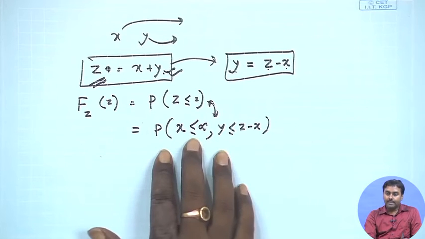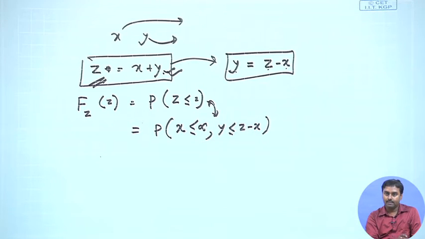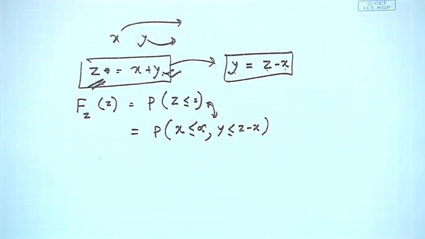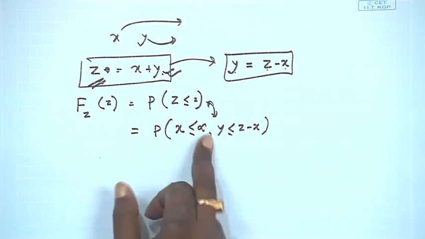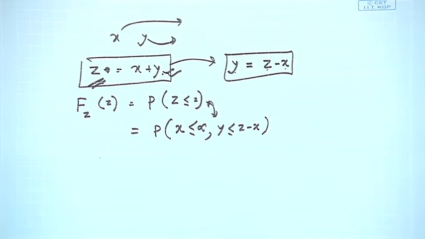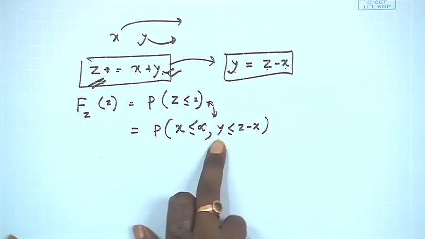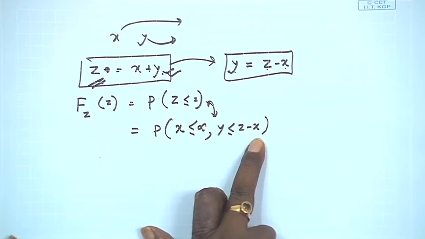Now, because I know the individual distributions, that is something I know. Let us say this particular event is that I take any event from x, x can take any value, but I need to ensure that x plus y must still be less than z, that means y must satisfy this condition.